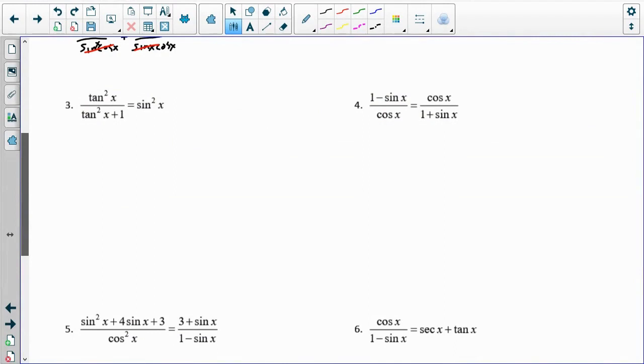Now let's look at problem 3. Problem 3, I'm going to look at the left-hand side. I'm going to probably want to rewrite everything in terms of sine and cosine, because A, I have to get it to be in terms of sine anyway, and B, it's just kind of messy if you don't think about it like that.